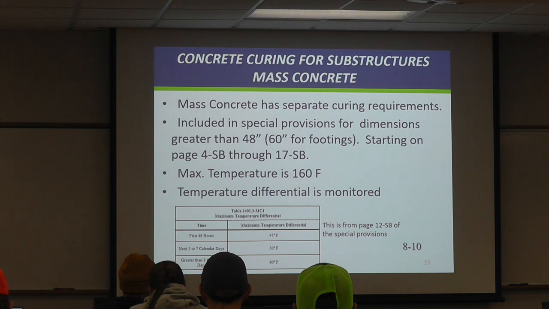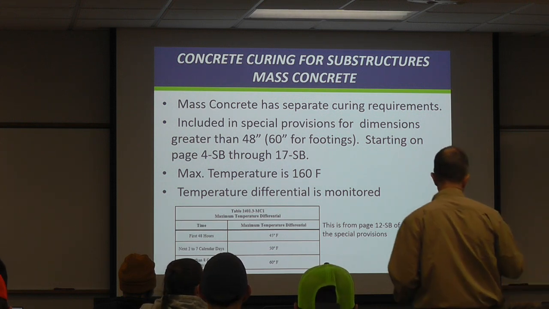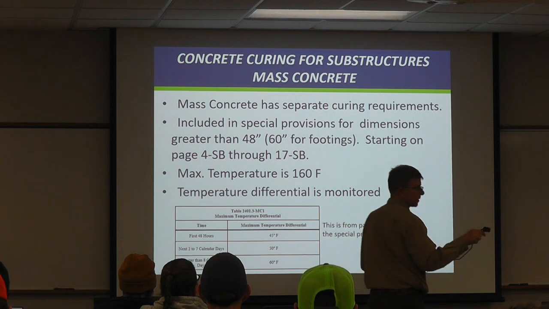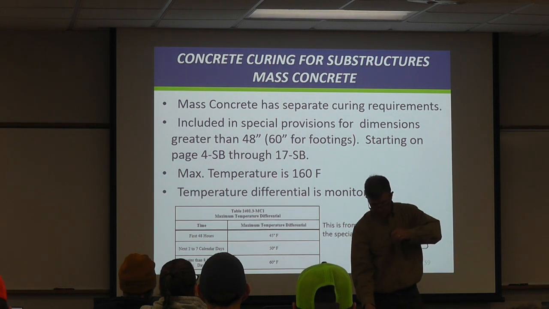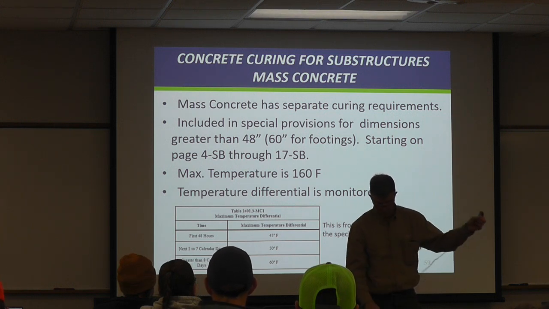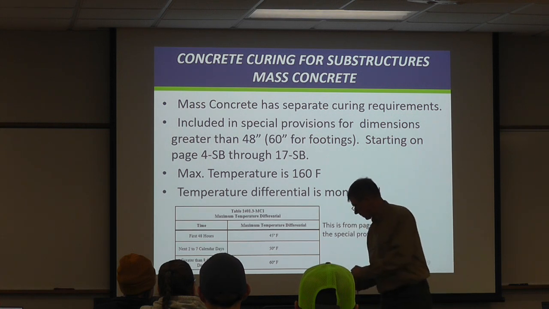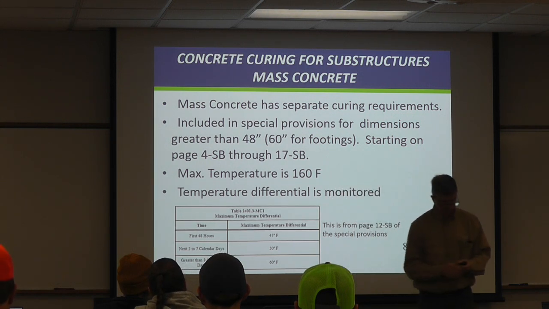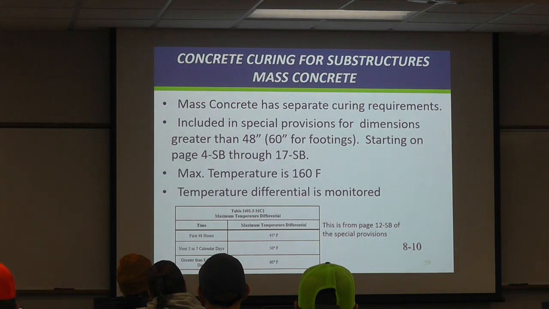But there'll be little readers that are almost like little film canisters that they put into the concrete, and the newer ones are probably not this big. There's some smaller ones, but essentially they put this into the concrete, like down in the middle of the pour. They connect the wires to it, actually sometimes they just stick out and they come in with a reader and check the temp. But anyway, it'd be little things that look something like this that can check the temperature on the inside and near the outside.